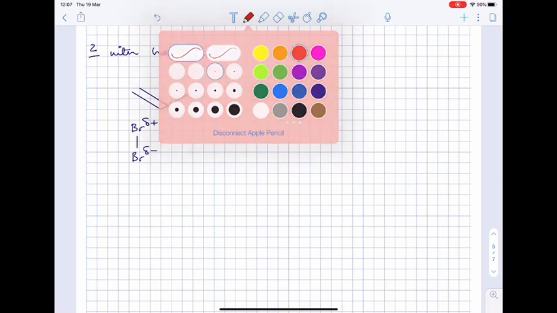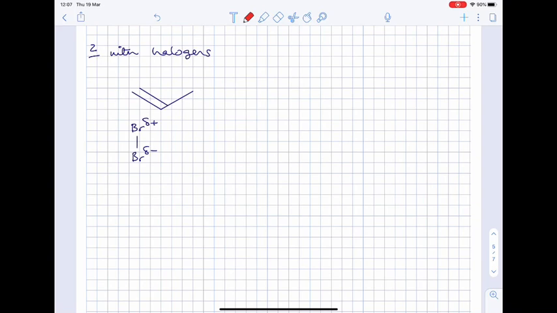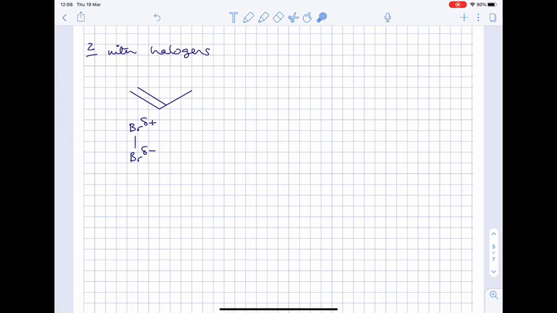Everything else is very similar or exactly the same as the previous mechanism. So I have electrons from the pi bond. This pi bond, which is electron rich, is going to be attracted towards this partial positive bromine, and it's going to move from the middle of the top pi bond. Make sure it comes from the middle of the bond. If it doesn't, you'll be marked wrong in the exam.